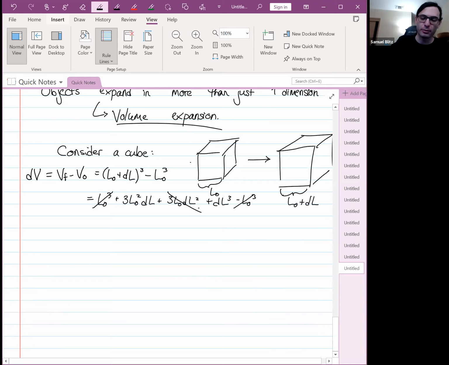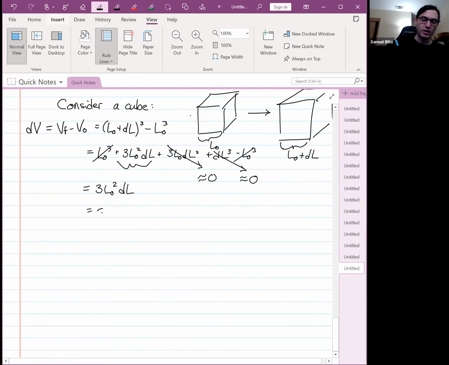So the terms with dl squared and dl cubed can be treated as approximately 0, because they're very small compared to this term here, since the small amount is getting squared and cubed, which makes it even smaller. And so this leaves us with 3 L naught squared dl as our approximate change in volume. And in the limit where dl is infinitesimal, this just becomes exactly true.